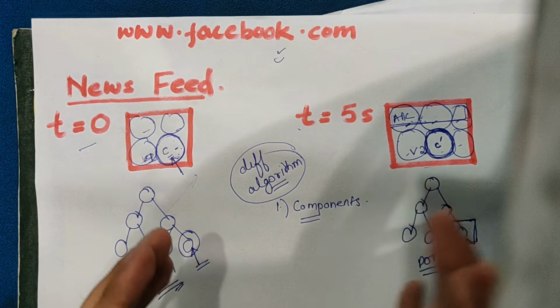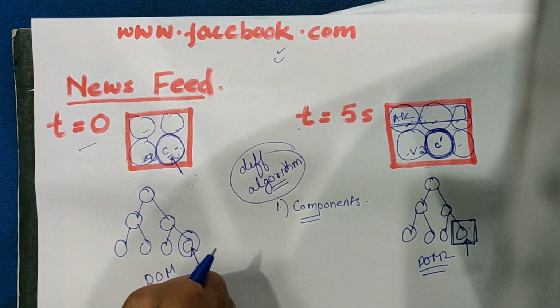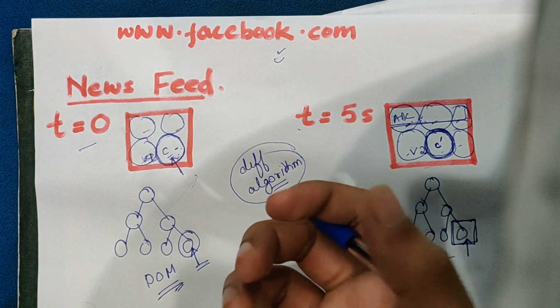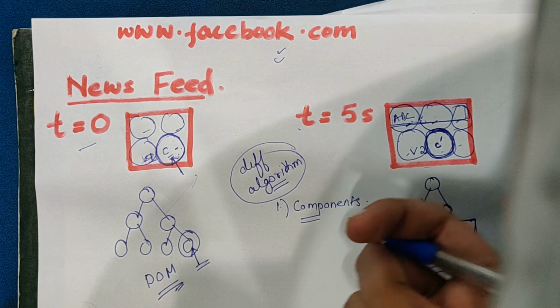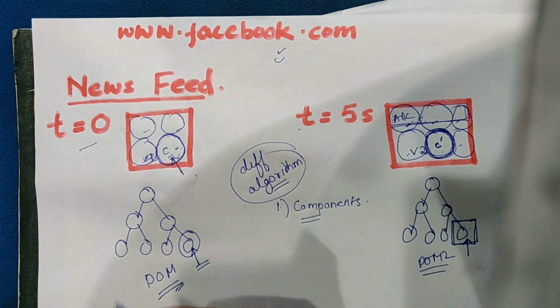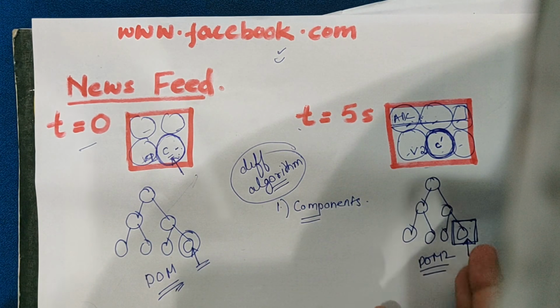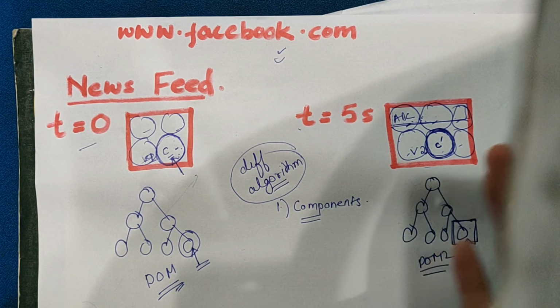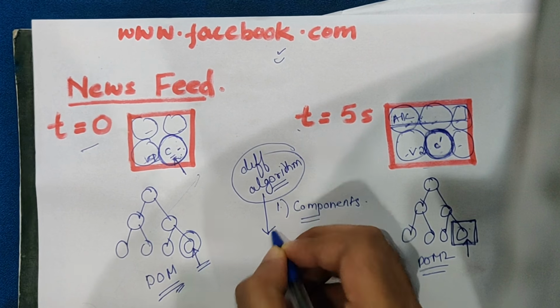So there comes an algorithm which updates this DOM after every triggering of events, such as a friend sharing a post. That is an event. After that particular event, React handles this updation to the new DOM really efficiently. So let's talk more about this diff algorithm.